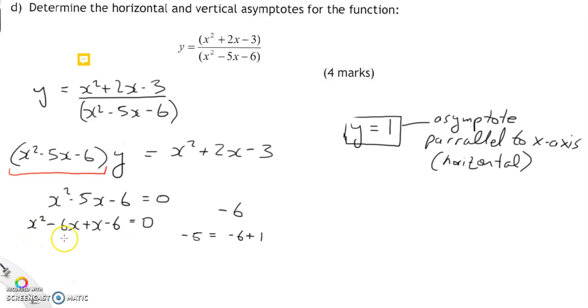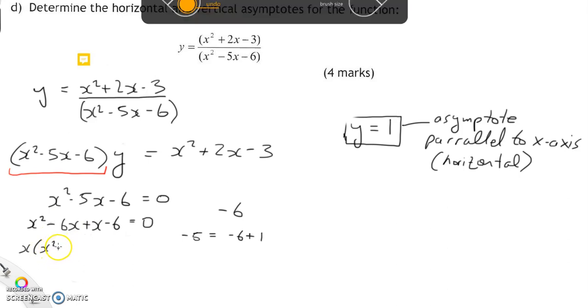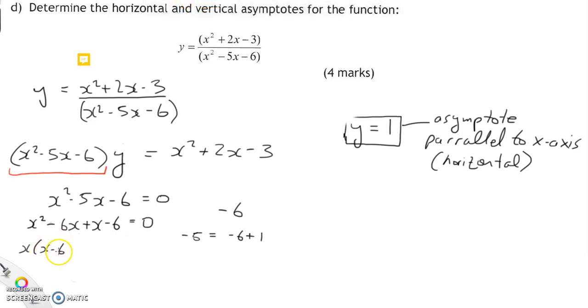On the first two terms here, we can take out x, so that's x times (x minus 6). And looking at the second two terms, if we want x minus 6 in the brackets, we can have plus 1 times (x minus 6) equals 0. So this simplifies to (x plus 1) multiplied by (x minus 6).